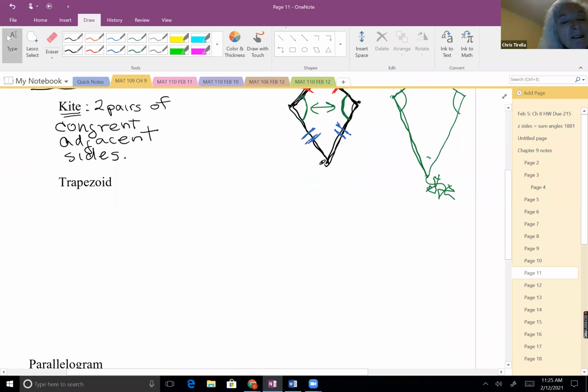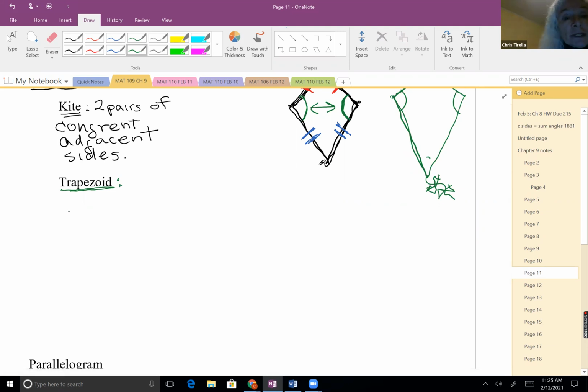So, okay, trapezoid. I differ with the authors of your textbook. Your textbook is the only source where I see their definition of a trapezoid. They say a trapezoid is a quadrilateral with at least one pair of parallel sides.